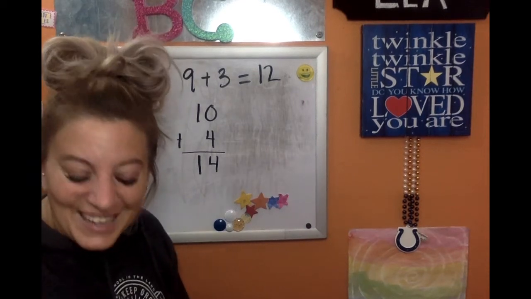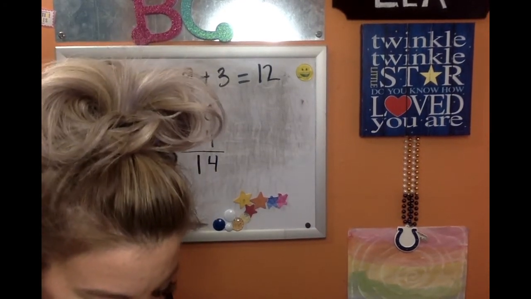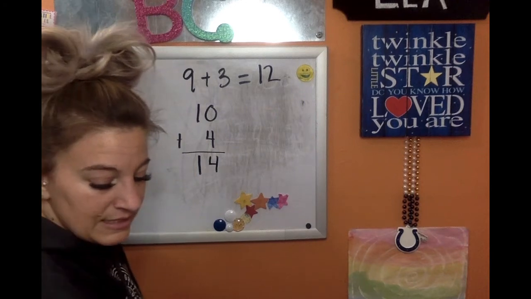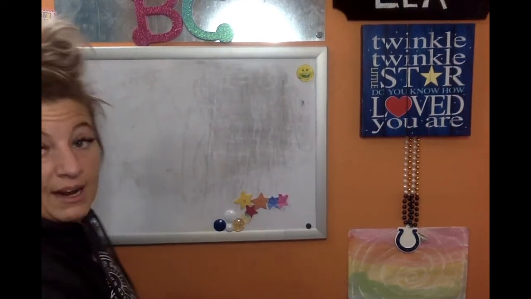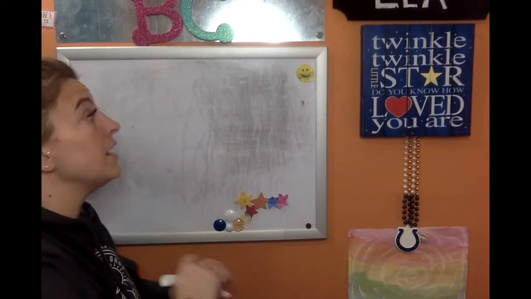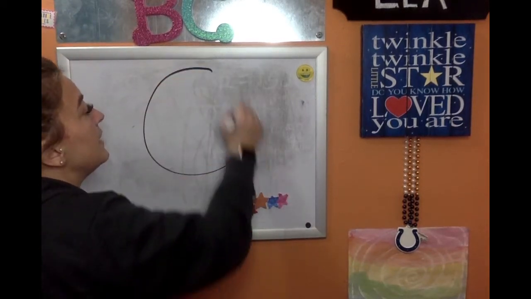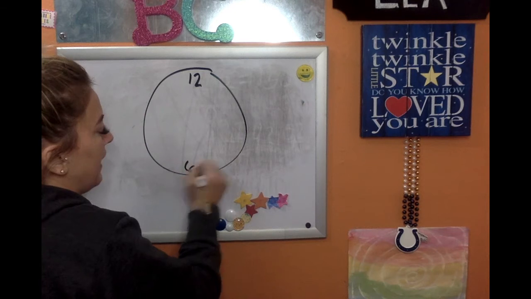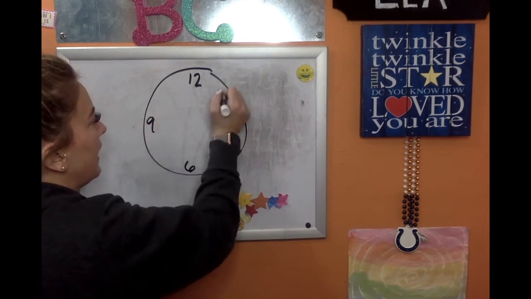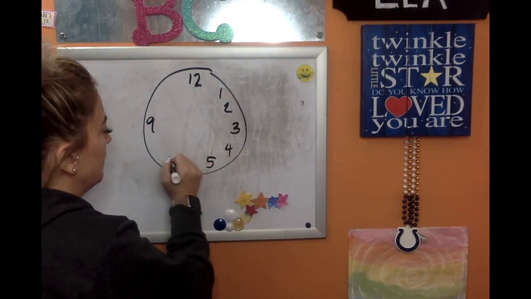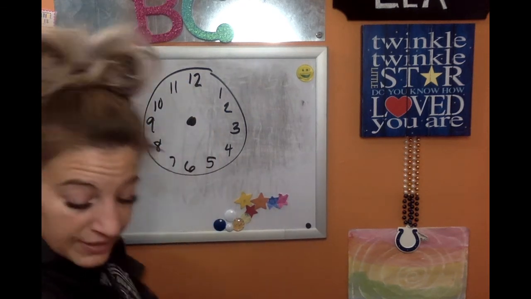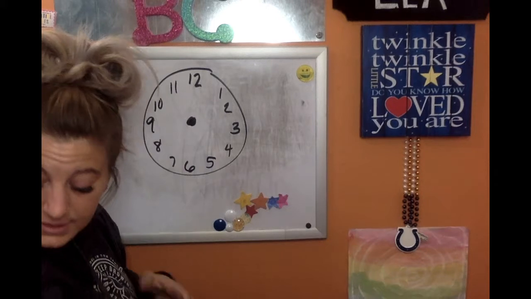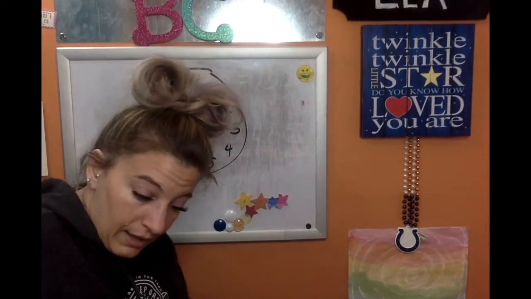Good work, guys. Okay, we get to do some fun things with our telling time. We've been doing a lot with the hour hand. Well, today we're going to do the minute hand. It says find 11 o'clock.